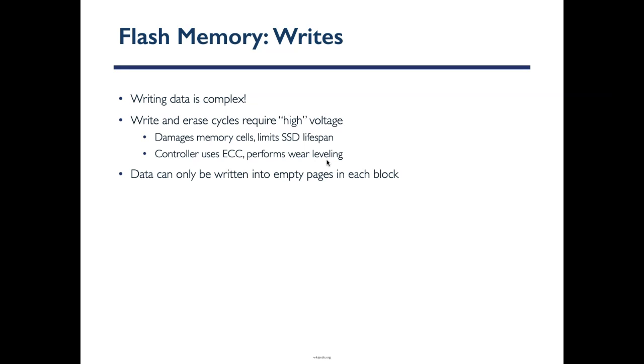Let's say you have a hotspot, like a file that every application is using and updating. If you always write the data for that file to the same page in your flash disk, you will burn that page. So what you have to do is load balance.